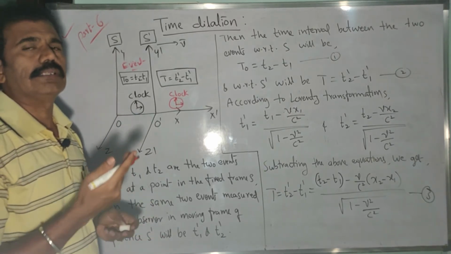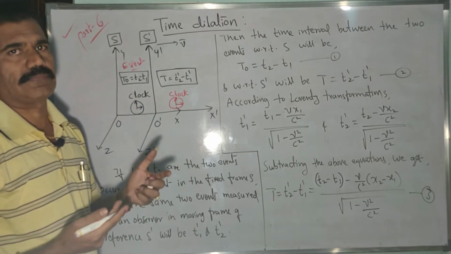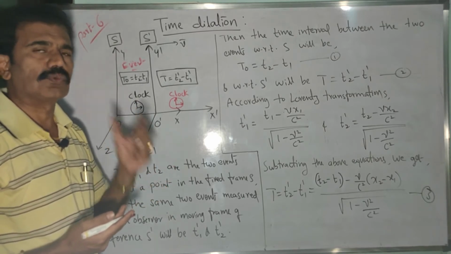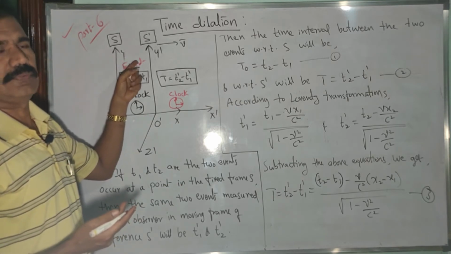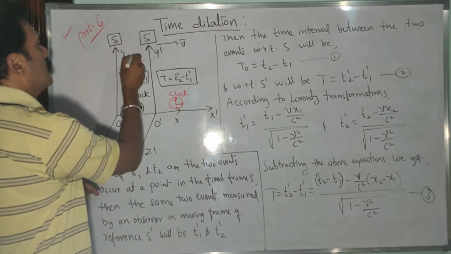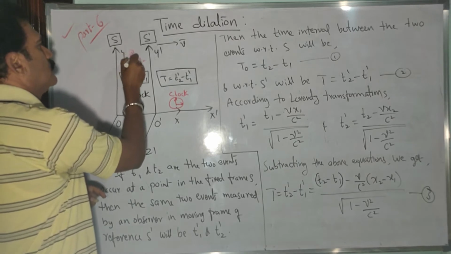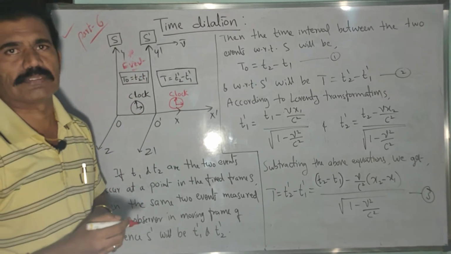Now let us consider such an event occurs twice in a stationary frame of reference at a particular place, let's say the point P. This position will not change with respect to frame of reference S, isn't it?